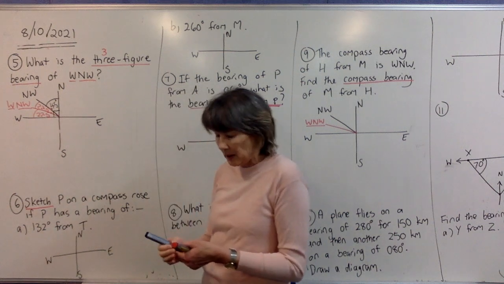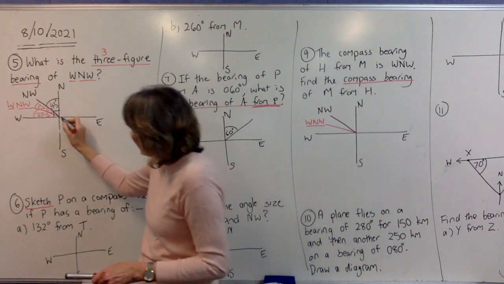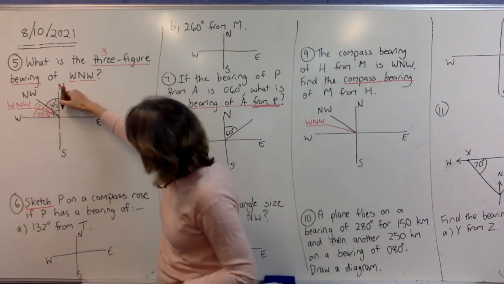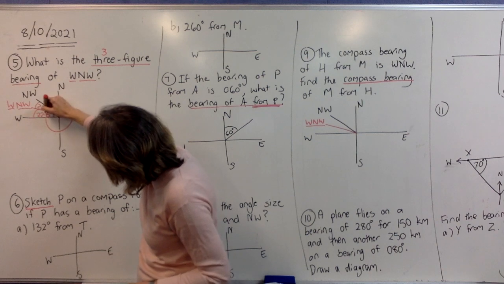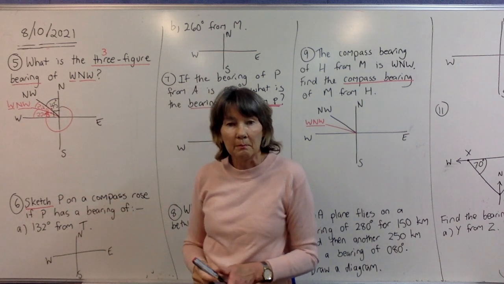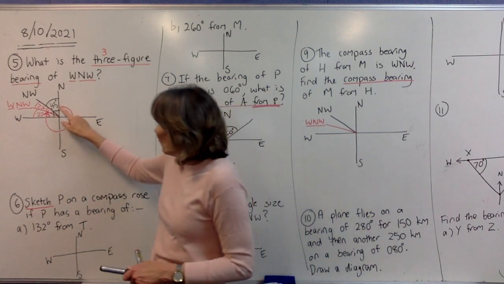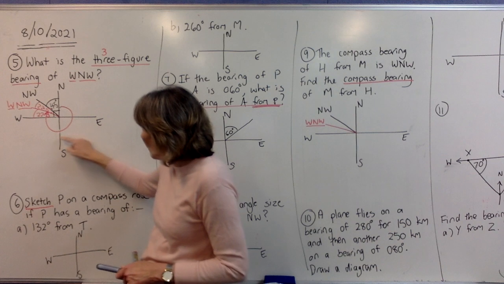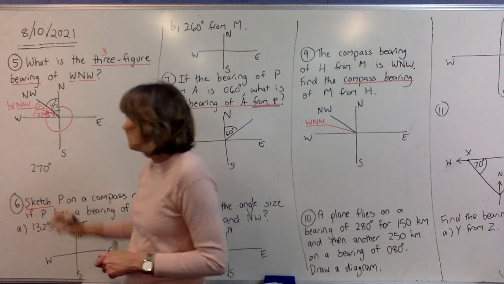Okay, now we're trying to find the three-figure bearing. So we're going from north, clockwise till we hit the west-northwest line, which takes us to there. So how many degrees have we gone through to get there? Well, from north all the way around to west is 270 degrees.